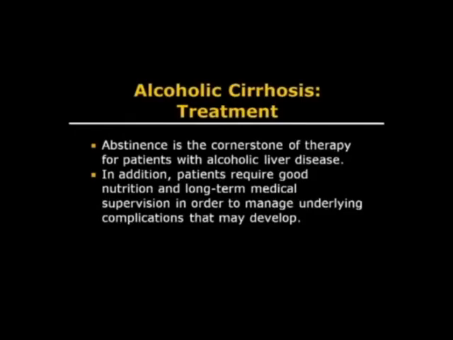Abstinence is the cornerstone of therapy for patients with alcoholic liver disease. In addition, patients require good nutrition and long-term medical supervision in order to manage underlying complications that may develop. Glucocorticoids are occasionally used in patients with severe alcoholic hepatitis in the absence of infection.